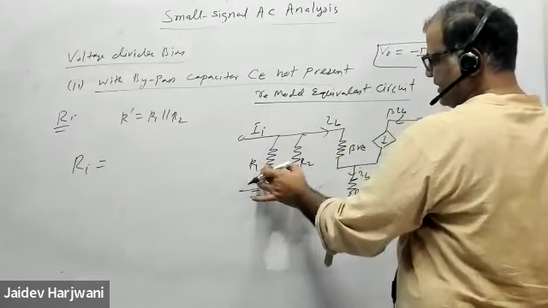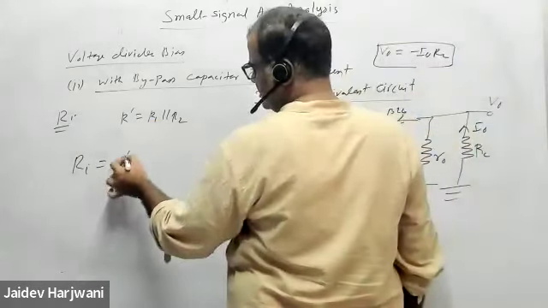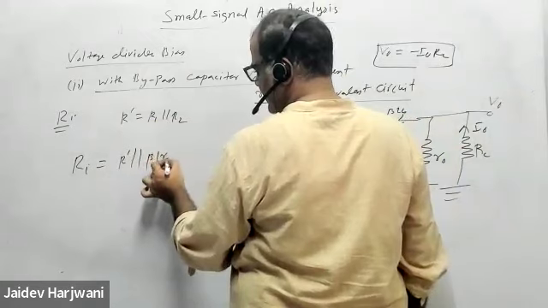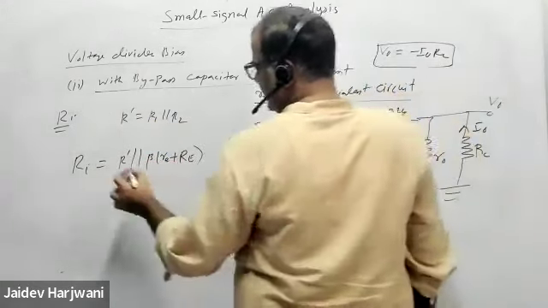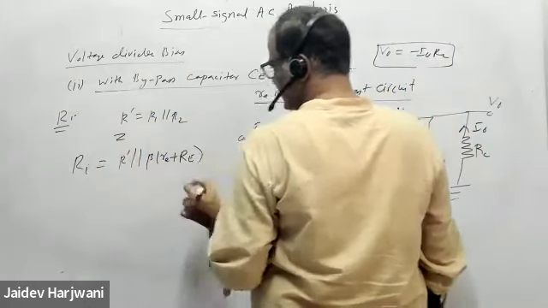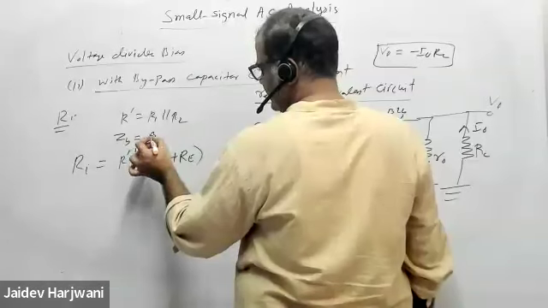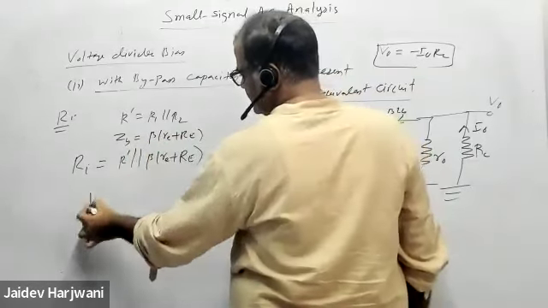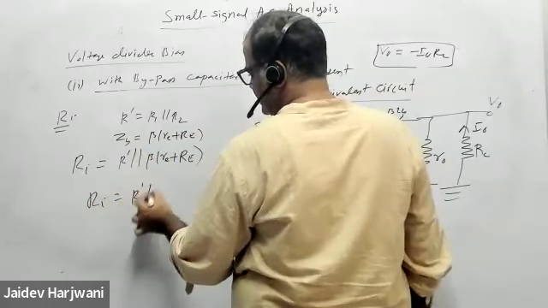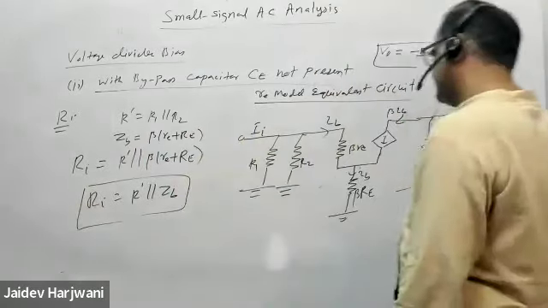So R dash is parallel to the whole branch, beta Re plus Re, which I am writing as ZB. So Ri will again be R dash parallel to ZB. Nothing changes here.